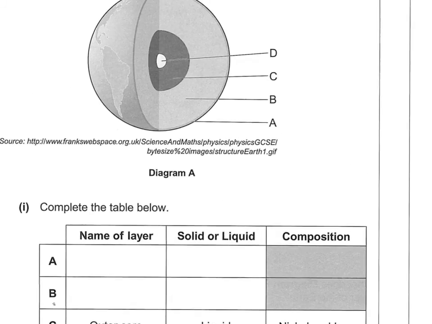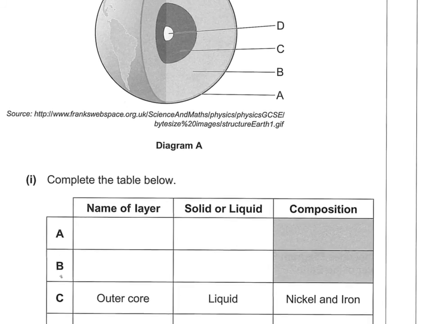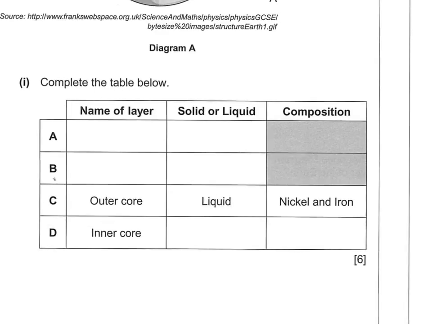And then we're asked about layer D, which is right at the center. So that's our inner core. And it is a solid. And composition, well, same as the outer core, nickel and iron.